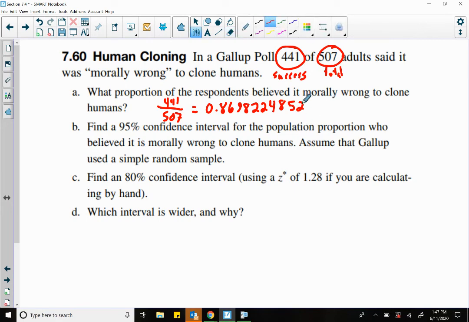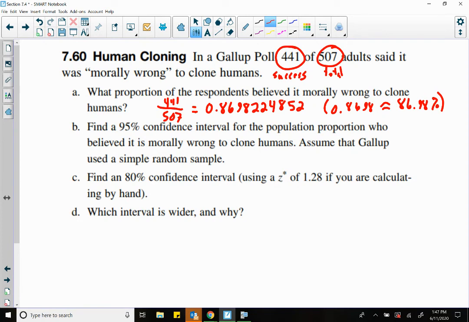If we rounded this, they probably want 4 decimal places. It'd be 0.8698. If they wanted the percentage, you could say it's 86.98%. I always like to talk to you about everything.